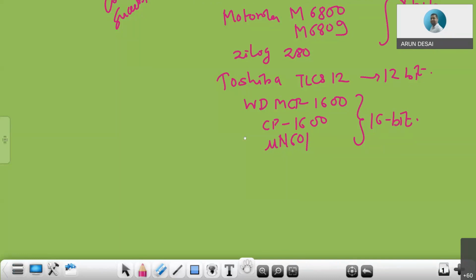We can also address IOs, or other input output devices, more than first generation. It has a more powerful instruction set than first generation, right? Interrupt handling capacity and so on are there as well, right? So this is all about second generation.